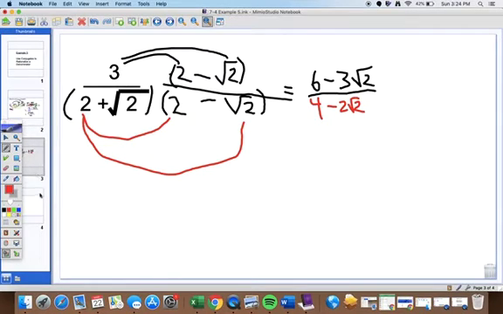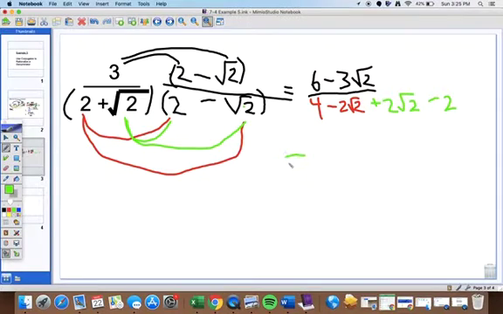And then the next term, you have a positive square root of 2 times 2, which gives us plus 2 times the square root of 2. And then square root of 2 times square root of 2, positive times a negative gives you minus. And then if you do square root of 2 times square root of 2, that gives you 2. All right? Not 4. Do not make that mistake.